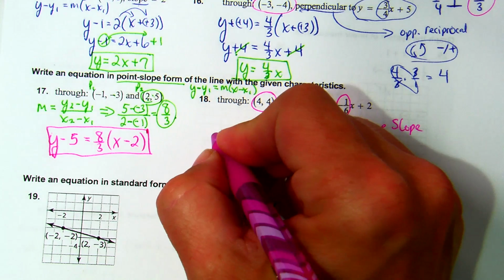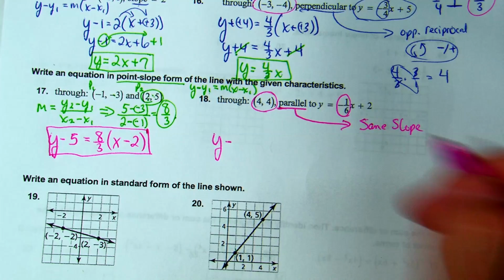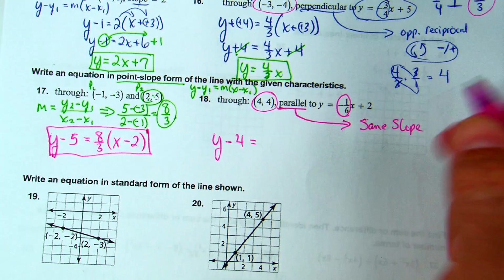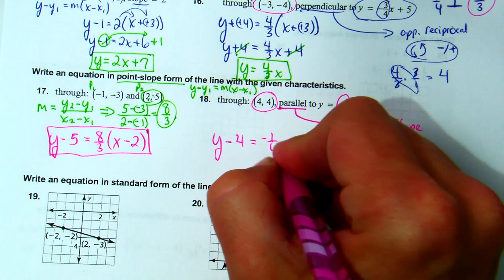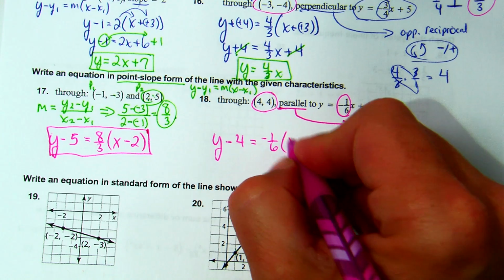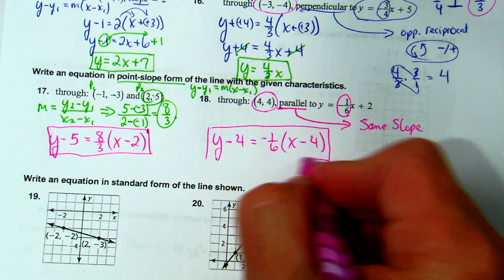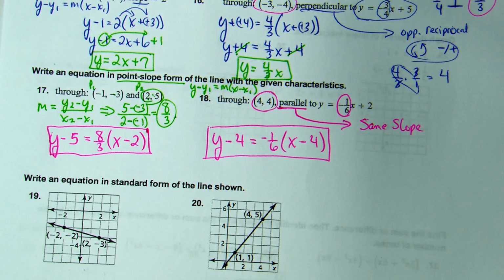Okay, I can just go y minus what? The y value of the point, 4, equals the slope, -1/6. It's the same slope as this one because they're parallel, right? So that slope times x minus 4, and we are done with that one. Easy breezy.